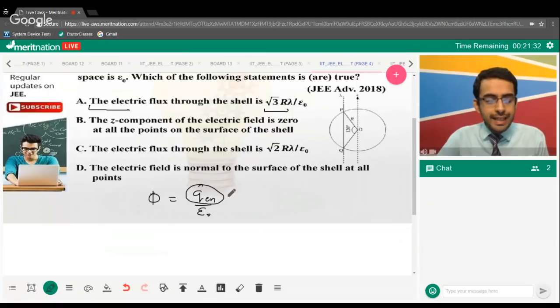Inside the sphere, what is the enclosed charge? Only PQ is a line charge lying inside it.